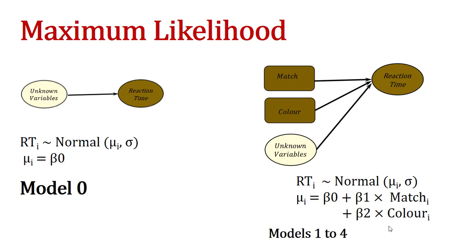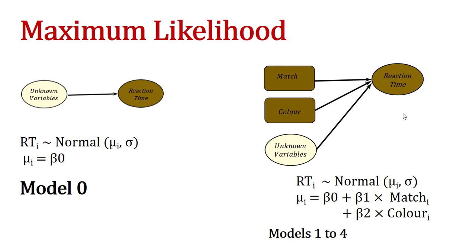That is the case if there is no interaction with the variable color. But if match and color interact, that means that the effect of match on reaction time when we use black and white images in the learning phase will be different than when we use color images in the learning phase.